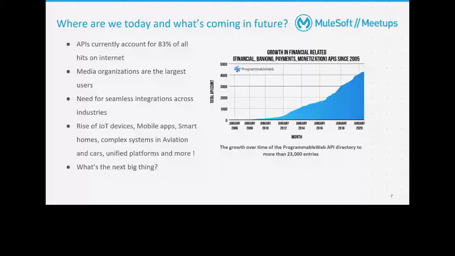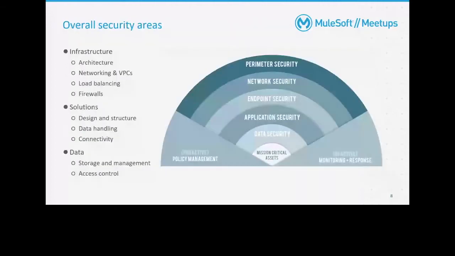But now I want to talk a little bit about the security areas. And the reason behind this is, in simple terms, anything that is going to be popular or more exposed and more relied on is going to be equally vulnerable and will have a greater risk. In this case, it's going to be APIs.